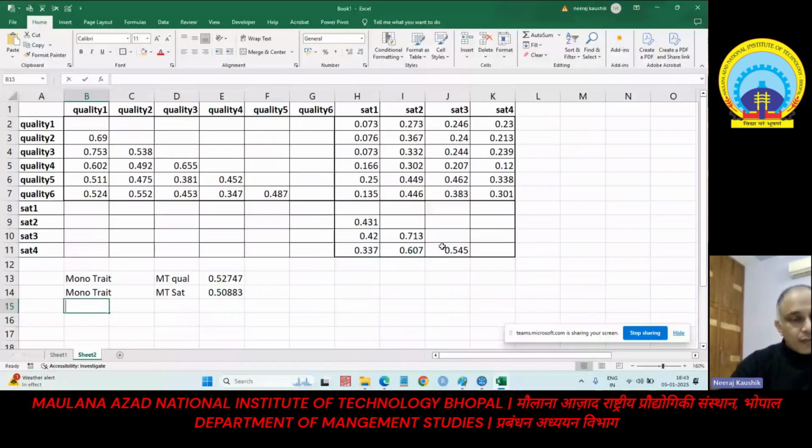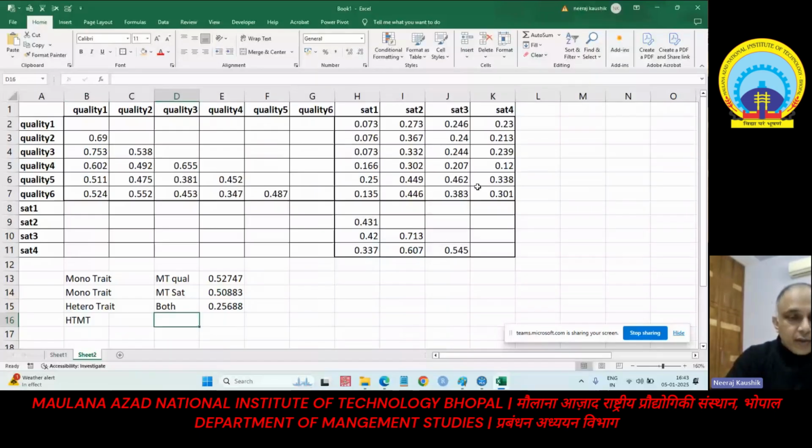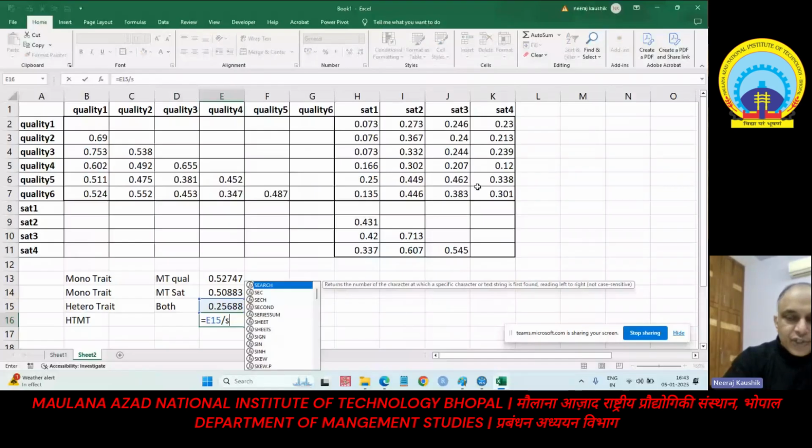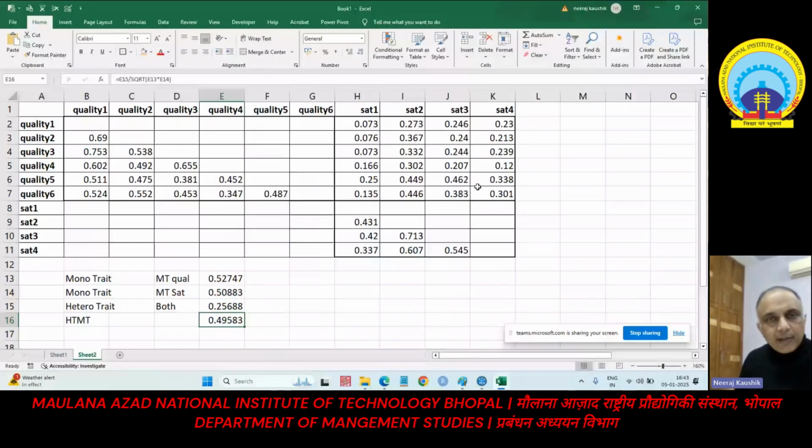Heterotrait is the cross, the average of all of these values. And what is HTMT? It's the ratio of heterotrait to monotrait: heterotrait divided by the square root of first into second. And HTMT comes out as 0.495 for quality and satisfaction. Let me just cross check.